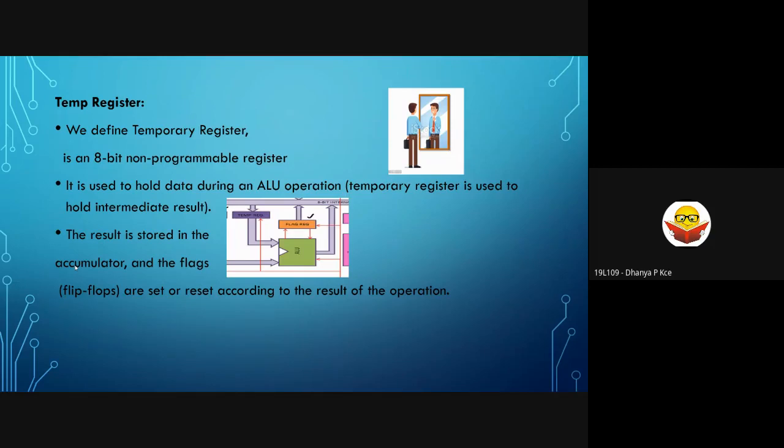So during ALU operation, we can find this temporary register. Near the ALU, we have the temp register and the flag register. The flag register defines the status, and the temp register stores the result, which then gets reflected back in the accumulator. That's why it is like a mirror image, but it's a temporary one.